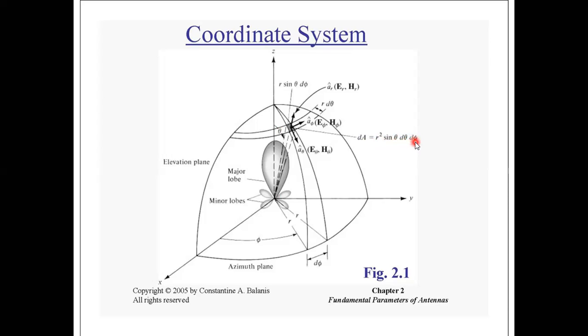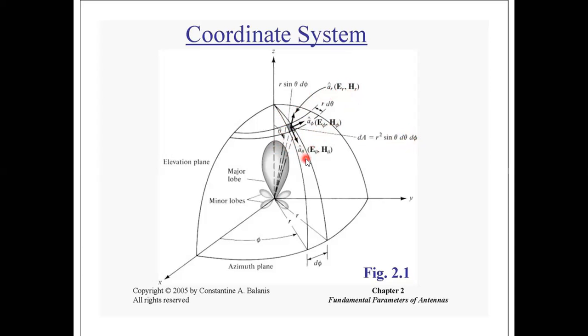Now here we need to understand the coordinates and the vectors. In the direction of theta, we have a theta. In the direction of phi, we have a phi. In the direction of r, we have ar. Similarly, the electric field and magnetic field components in the direction of r are Er and Hr. In the direction of phi, they are E phi and H phi.